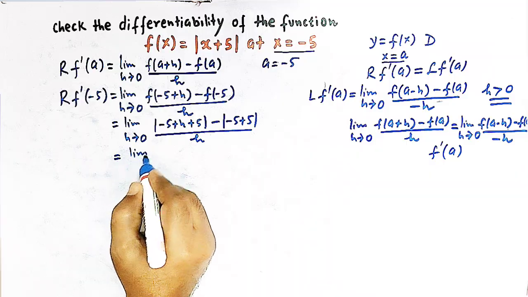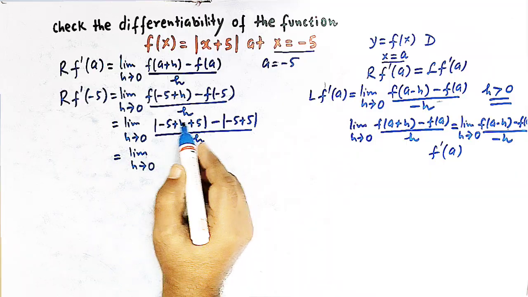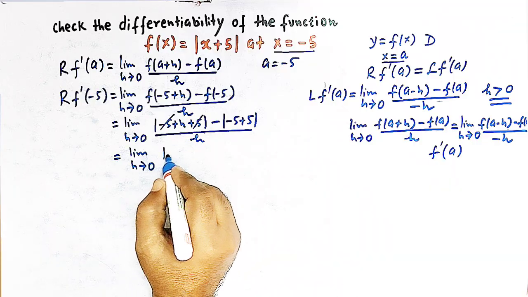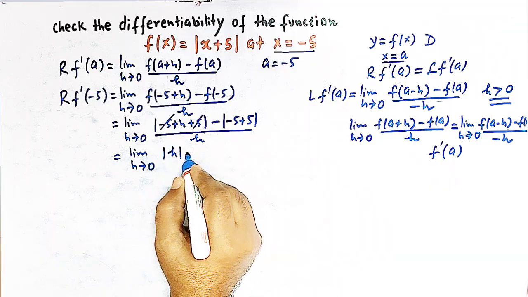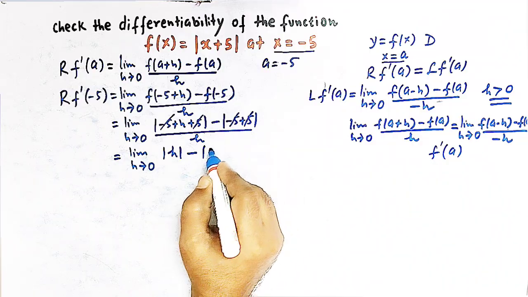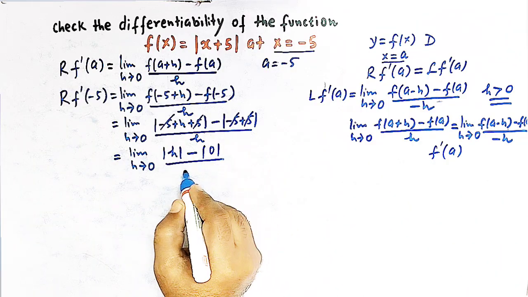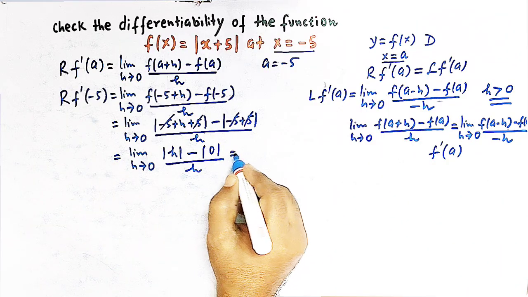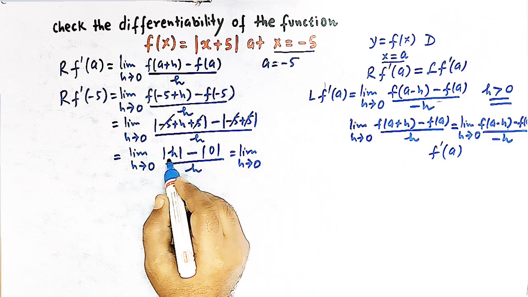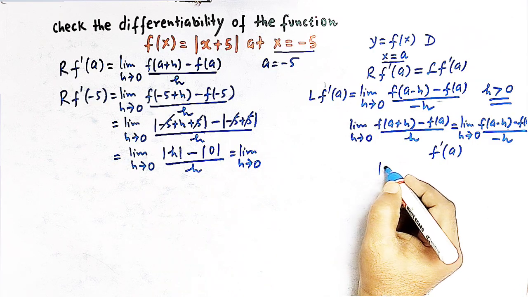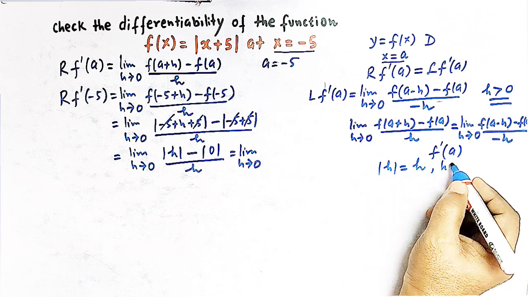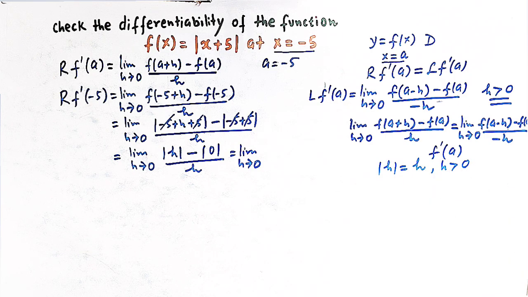So now we have the limit h tends to 0. Here 5 and minus 5 get cancelled, and we have mod of h, and in the second term 5 and minus 5 cancel, we have mod of 0, divided by h. So we have the limit h tends to 0 of mod of h over h. Mod of h is equal to h because h is greater than 0.